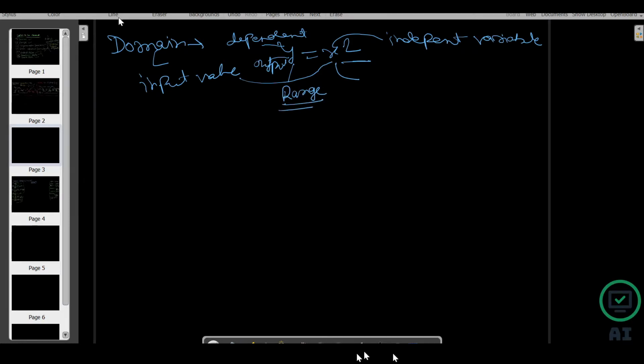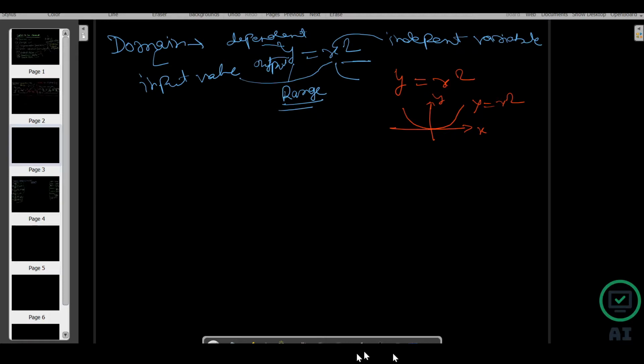So let's understand what is the range of this y equal to x square. To understand, let's have a graph of this. This is y equal to x square. This graph clearly explains what all values of x and what all values of y this function will take.